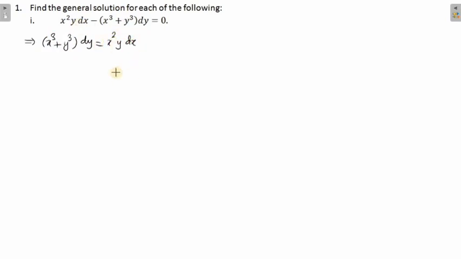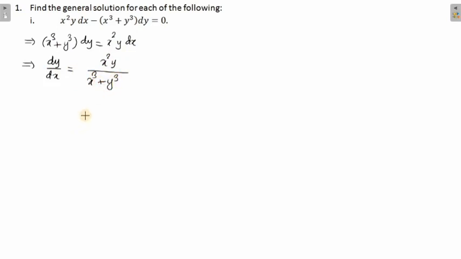Now keep dy and get dx out here, because I want to find dy by dx. Now you are left with x square y by x cube plus y cube.